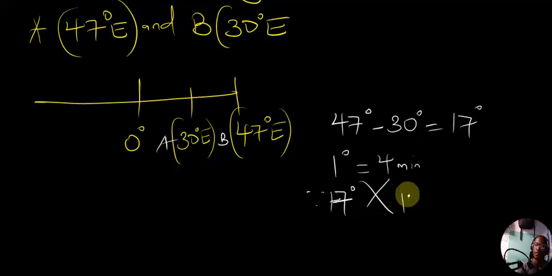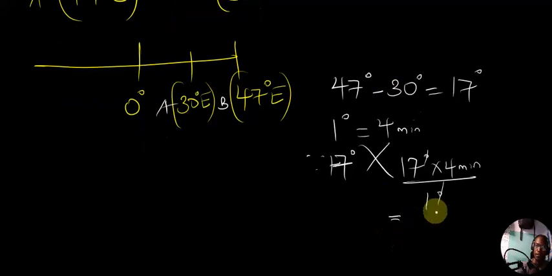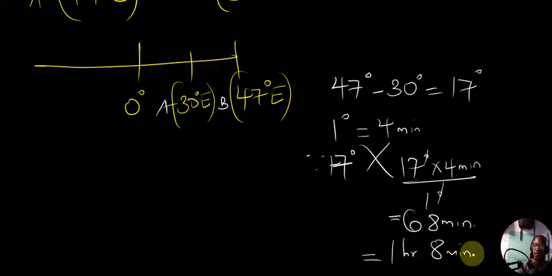So we'll have 17 degrees times 4 minutes, then divide by 1 degree. The degree will cancel out. We remain with 17 times 4. 17 times 4 is 68 minutes. 68 minutes is the same as 1 hour, which is 60 minutes, and then 8 minutes. So this is the time difference between the two towns.